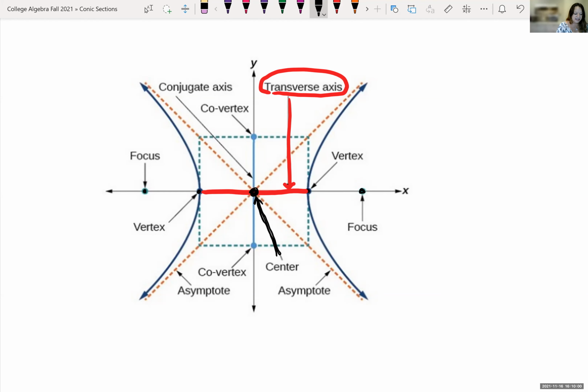So the transverse axis is really helpful, but this conjugate axis is going to help us draw these asymptotes. And so this conjugate axis is this line right in here.